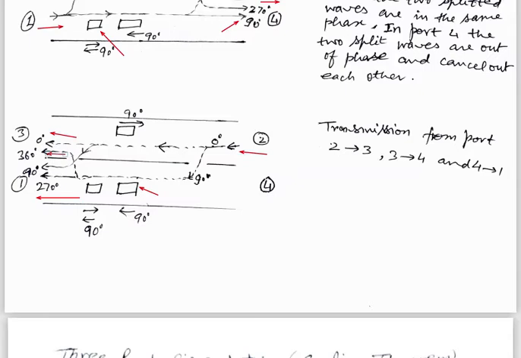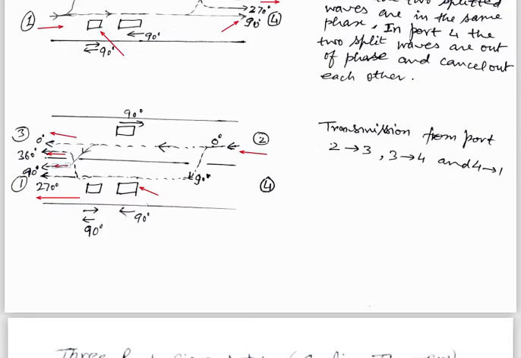So the total phase in this wave will be 90 degrees. Now if we compare the phase difference at port number 1, it is 180 degrees. So these two waves are out of phase. While in port number 3, the two waves have a phase difference of 360 degrees, at which the two waves are in the same phase and they will interfere constructively.